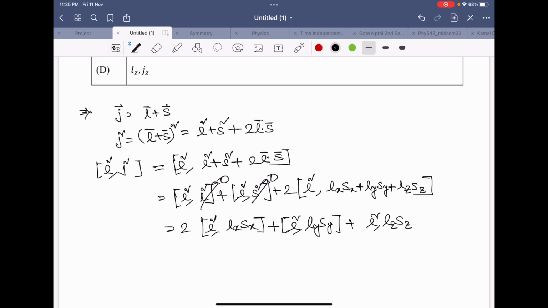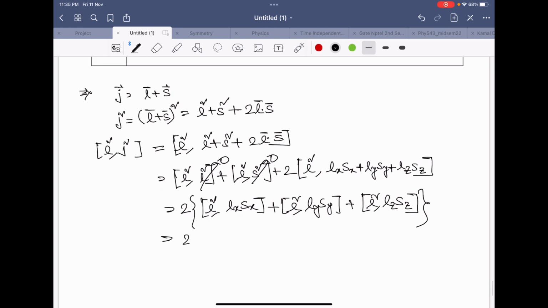We already know that L and S are completely independent of each other, so they will obviously commute with each other. So we are only concerned with L square and Lx, and Sx is outside because Sx will act as a constant here, since it commutes with any component of L. Similarly for Ly and Lz with Sz.